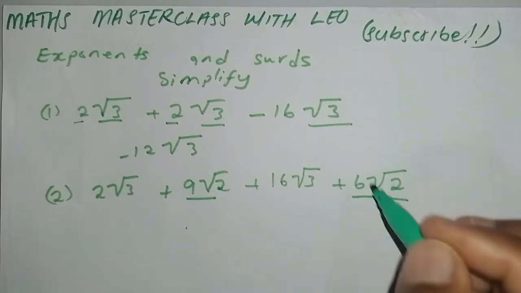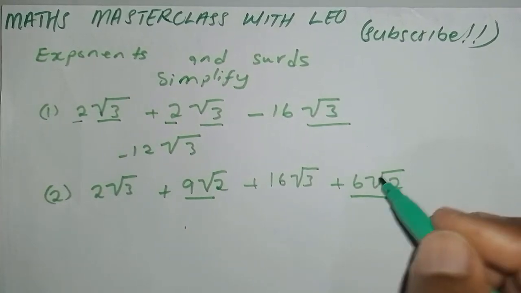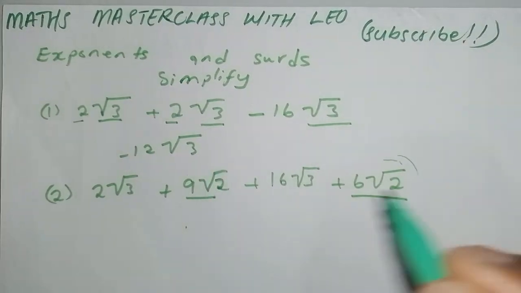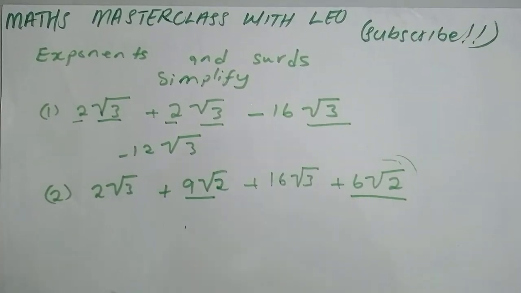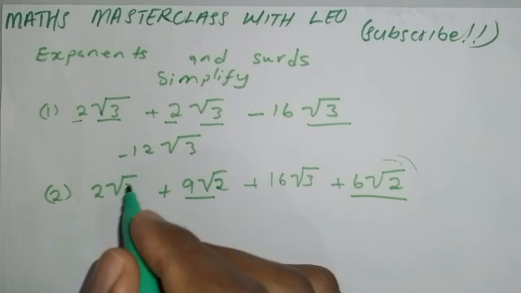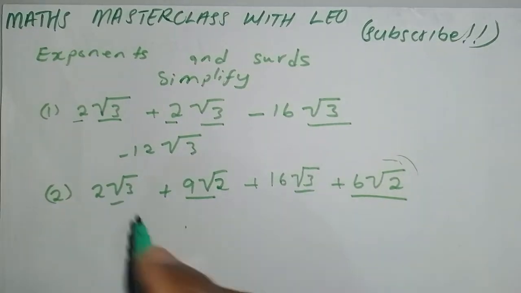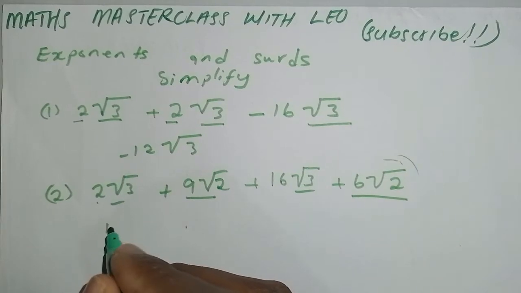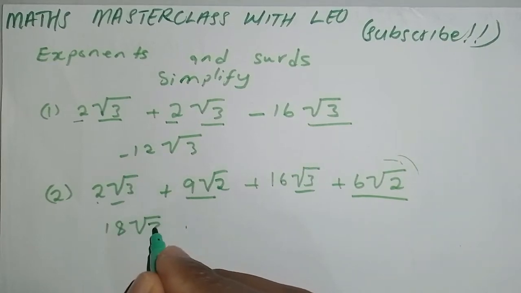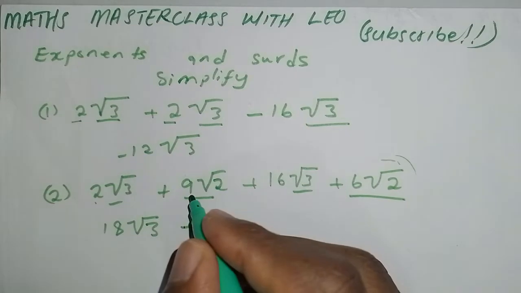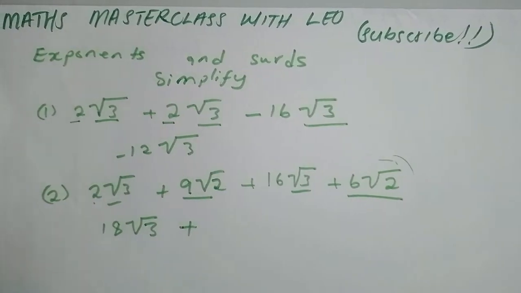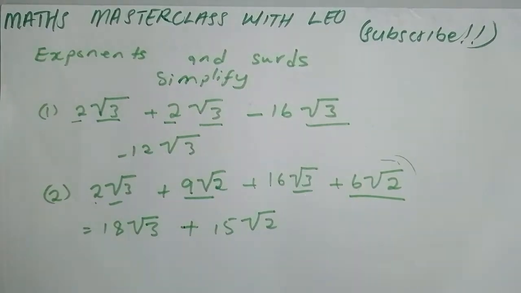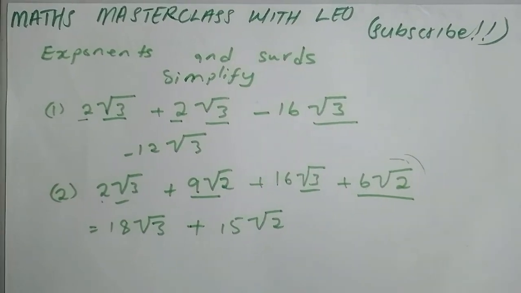If you check the surd or the root in them, they have root 2, right? Root 2 and root 2 are common. Then here root 3 and root 3 are common. 2 plus 16 is going to be 18 root 3, plus 9 plus 6, I believe, is going to give you 15 root 2. There. These are the simplest that you can have, right?